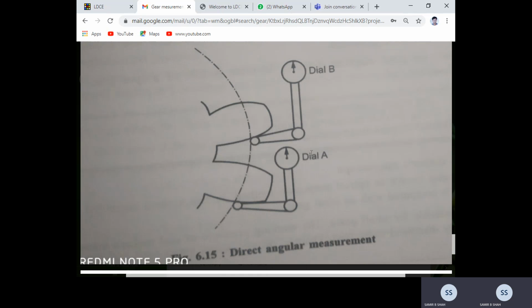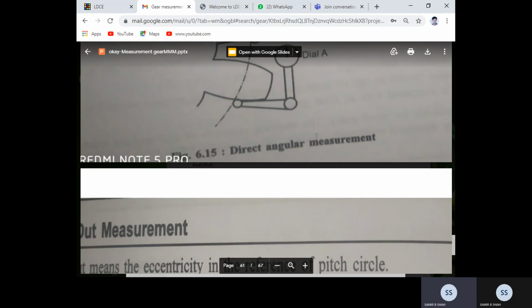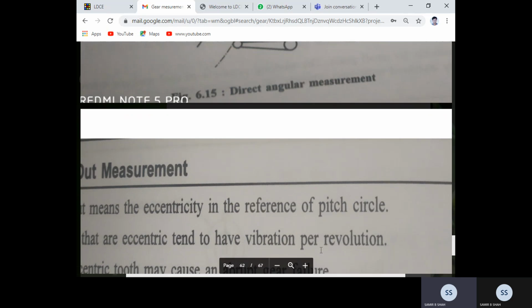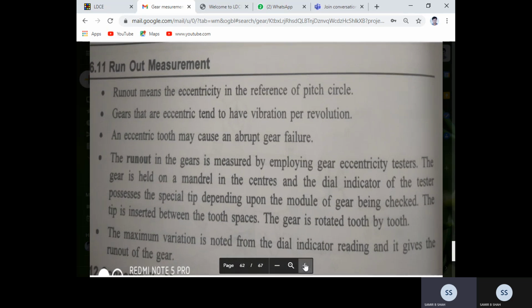Any change in the reading on dial B indicates the pitch error. The actual error can be determined by taking the individual readings on dial B. These are the two methods to measure the gear pitch.